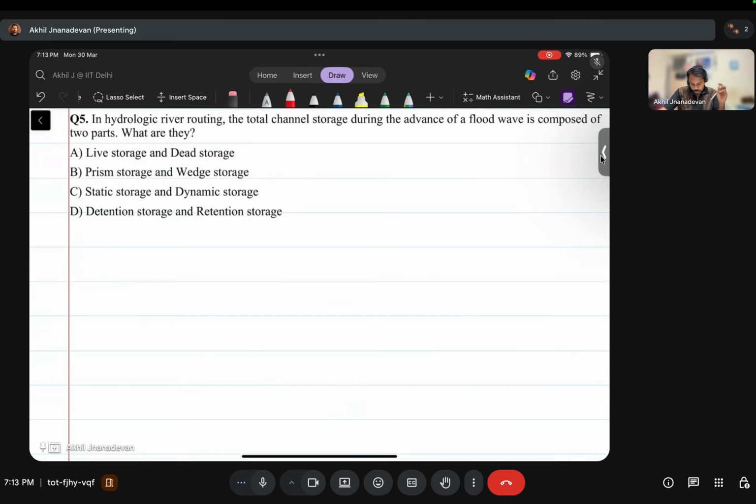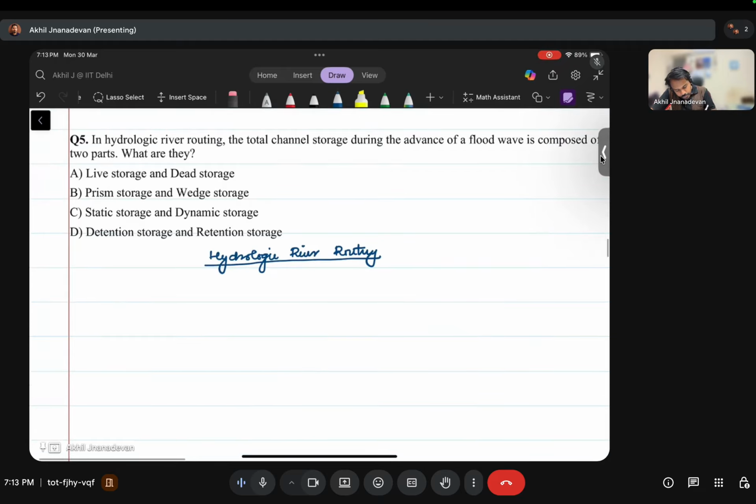That is, in a river routing, the total channel storage during the advancing flood wave is composed of two parts. What are they? So, coming to hydrologic river routing, we are discussing hydrologic river routing, and the total channel storage in the advancing flood wave is composed of two parts.